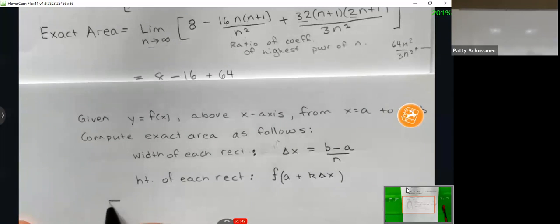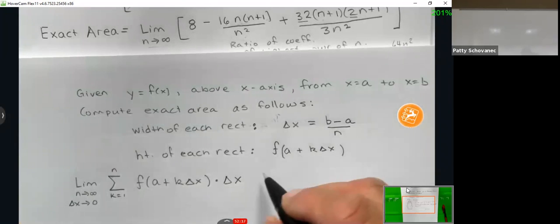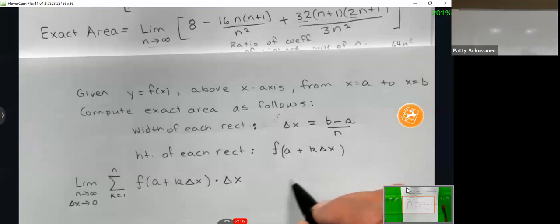We take the sum from k is equal to 1 to n of f of a plus k times delta x, multiply that by delta x. Then we take the limit as n goes to infinity, which forces the delta x's to 0.